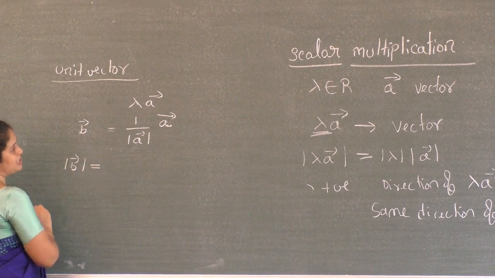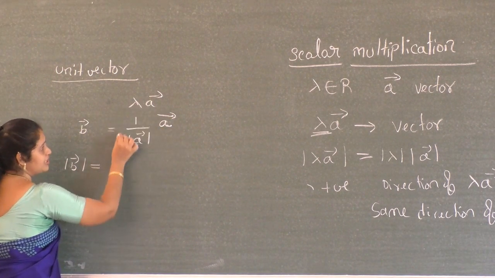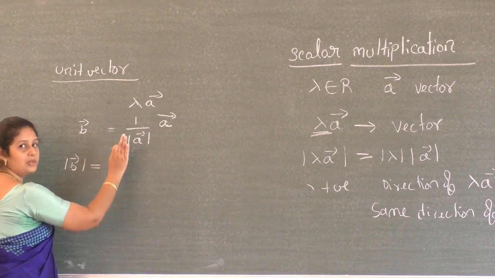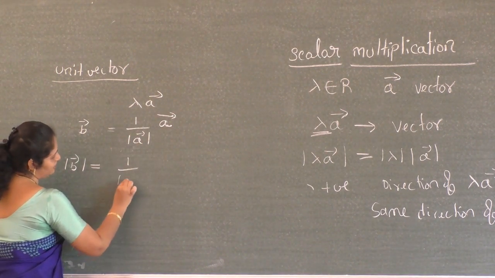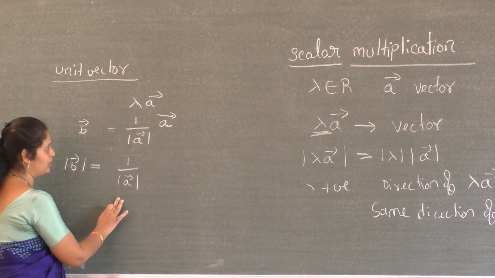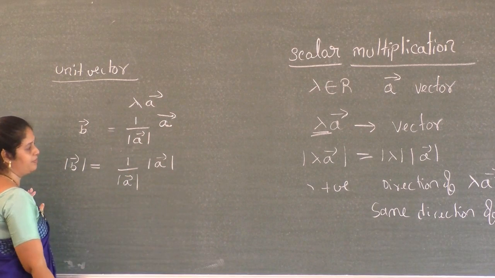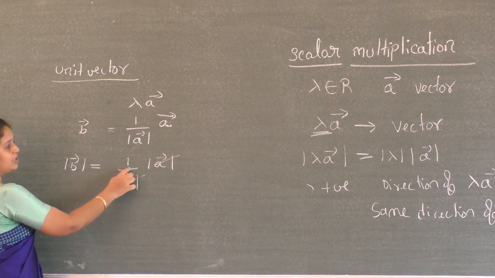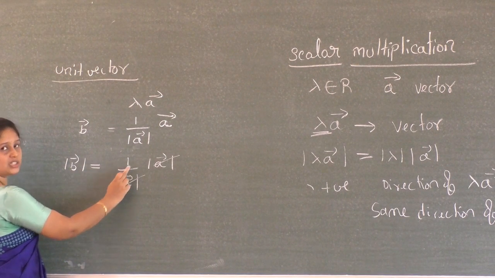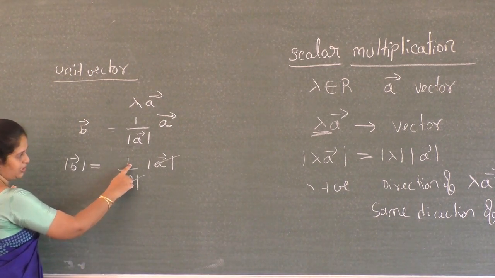Taking the magnitude, 1 by magnitude of vector A is already a positive number, so it remains 1 by magnitude of vector A, then into magnitude of vector A. So they cancel and we get 1. Therefore vector B is a unit vector, because any vector with magnitude equal to 1 is a unit vector.